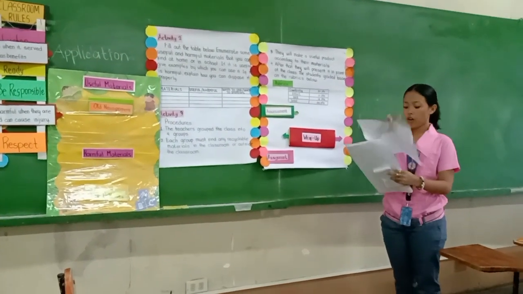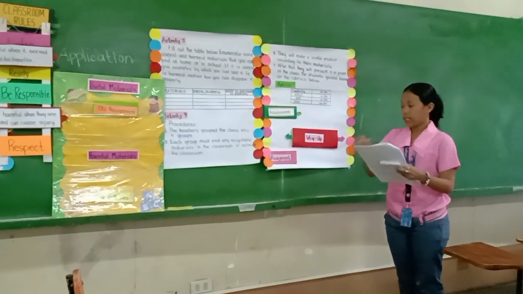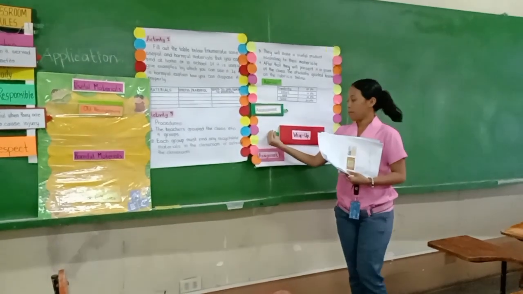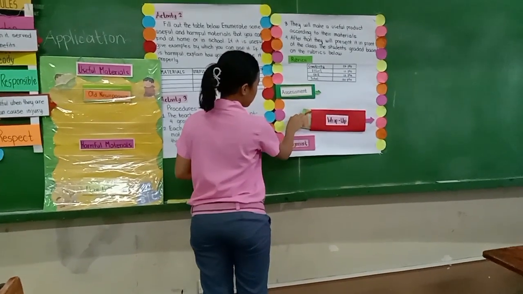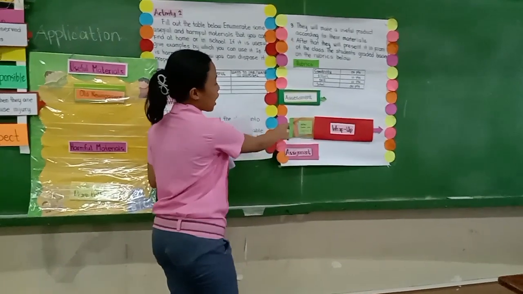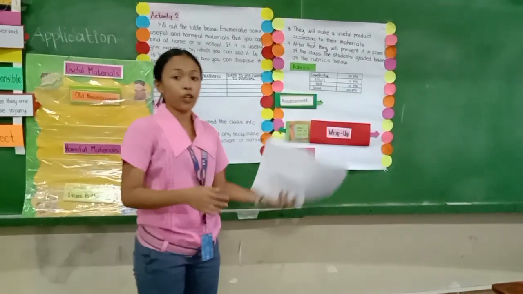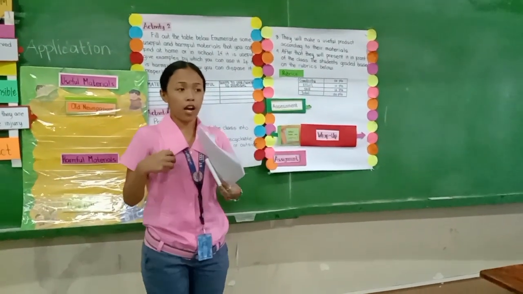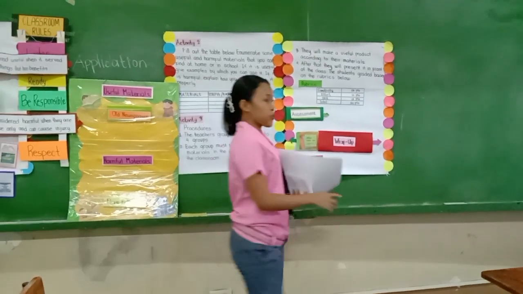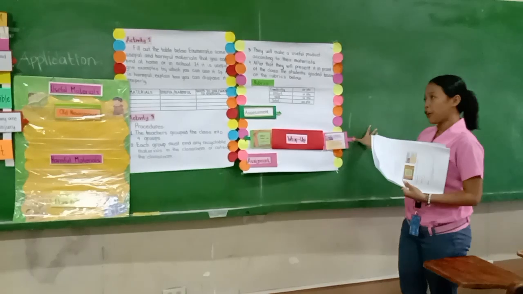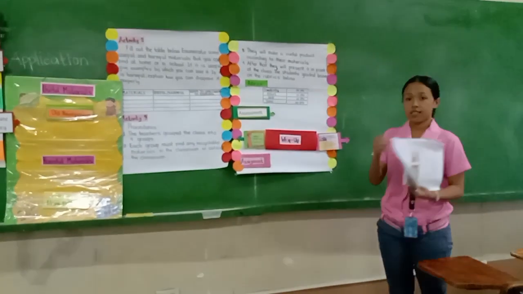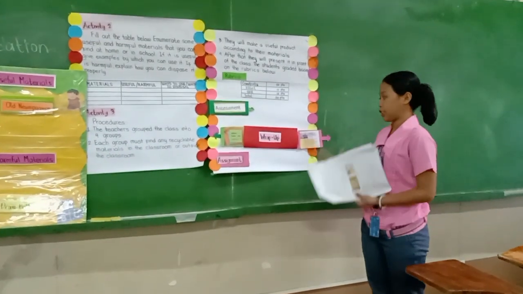Now let's go to the wrap up. Our wrap up is what have you learned, or what they have learned for our lesson for today. The students must answer the different properties of matter, which are the useful or harmful materials.